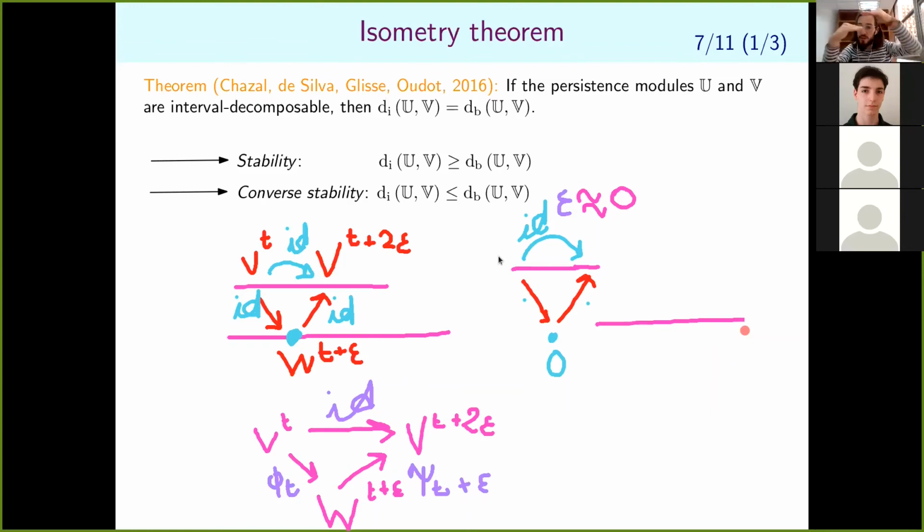Otherwise, we could not satisfy this commutative diagram, because we would not have a non-zero vector space here. Does it make a bit more sense?